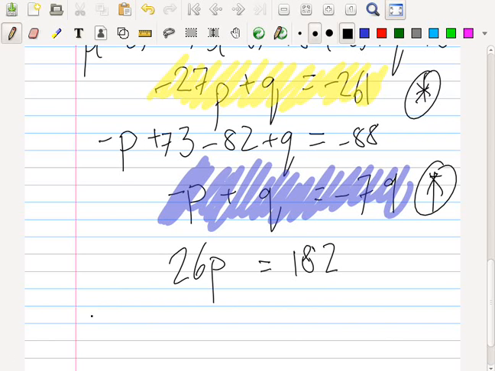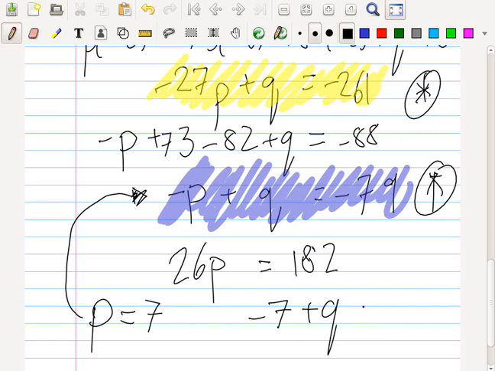Great. P equals 7. And Amro, how could I find the q? From the first equation, yeah, minus 27. Or maybe even the second one, since it's smaller numbers. But you're all right. So you get minus 7 plus q equals minus 79.